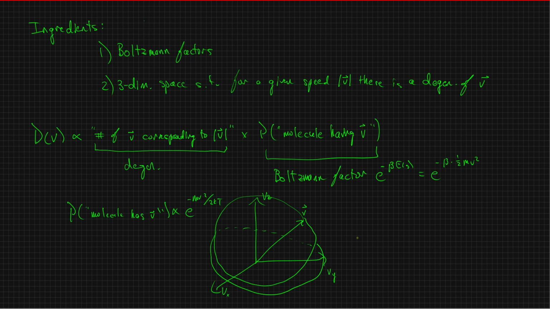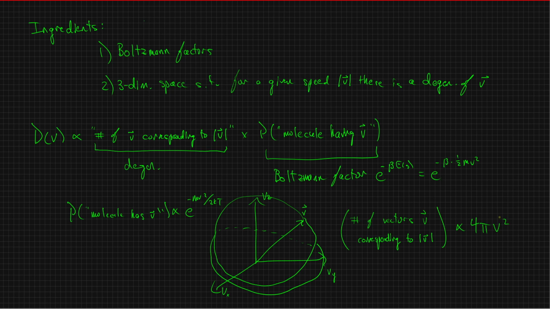So if we write this schematically, the number of vectors v corresponding to a magnitude or a speed v should be proportional to basically the surface of the sphere, which will be 4 pi v squared.